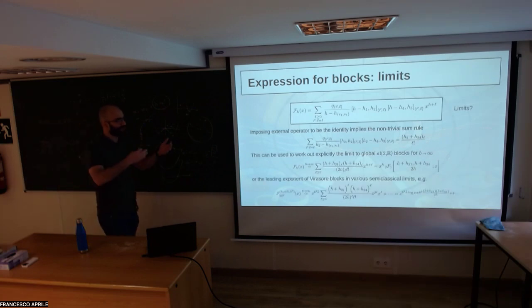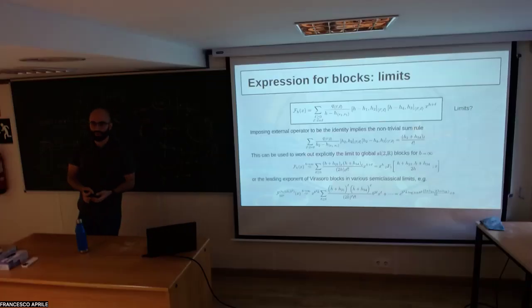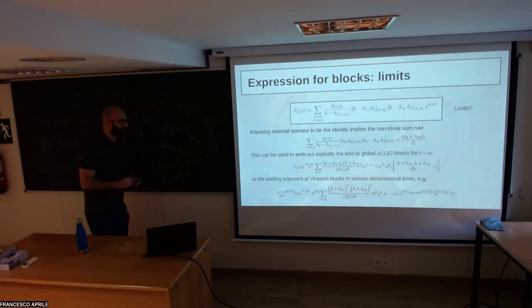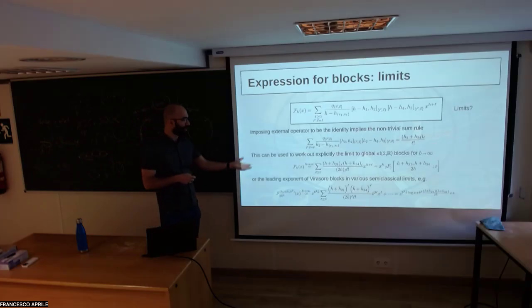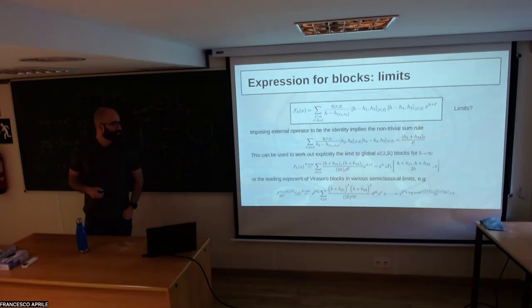Furthermore, there are a few interesting limits that you can consider, like semi-classical limits. You can actually take semi-classical limits within this identity that I'm showing you above and work out, let's say, leading asymptotics of the exponentiated blocks for Virasoro 2D CFTs.